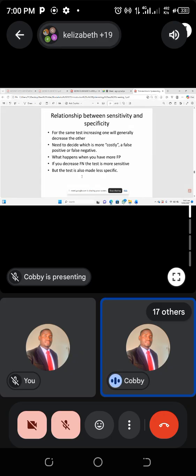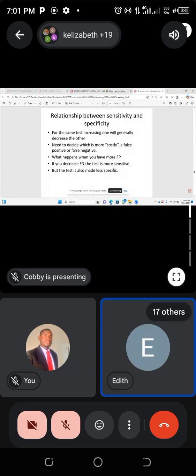So now, from your experience or from what you think, which one is costly, to have more false positives or more false negatives? Which one is costly? I think the false positives.